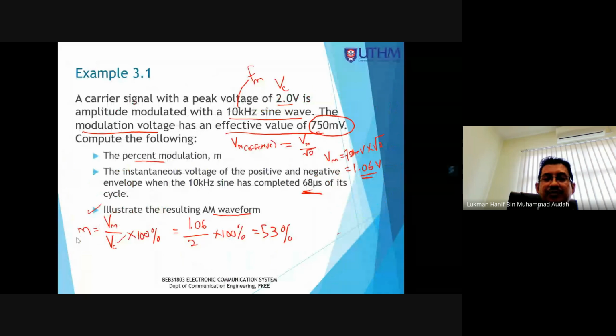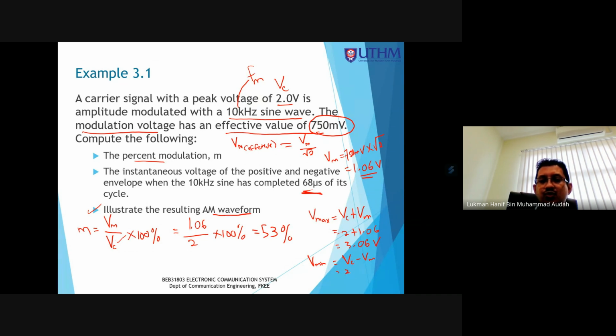But how to do that? If you see from this question, Vmax is actually equal to Vc plus Vm. So this is 2 plus 1.06, so I get 3.06 volt. While the Vmin is actually Vc minus Vm.